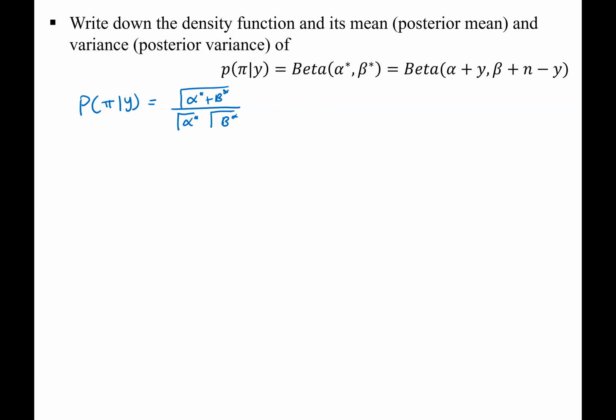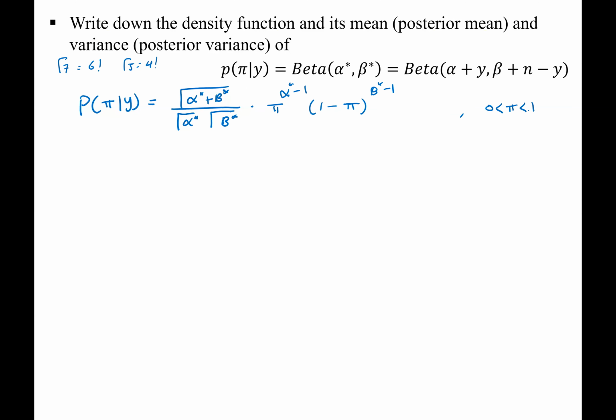If you don't know what gamma is, gamma 7 is factorial 6. Gamma 5 is factorial 4, and so on. So times pi to the power alpha star minus 1 times 1 minus pi to the power beta star minus 1. Keeping in mind the range for pi is between 0 and 1.